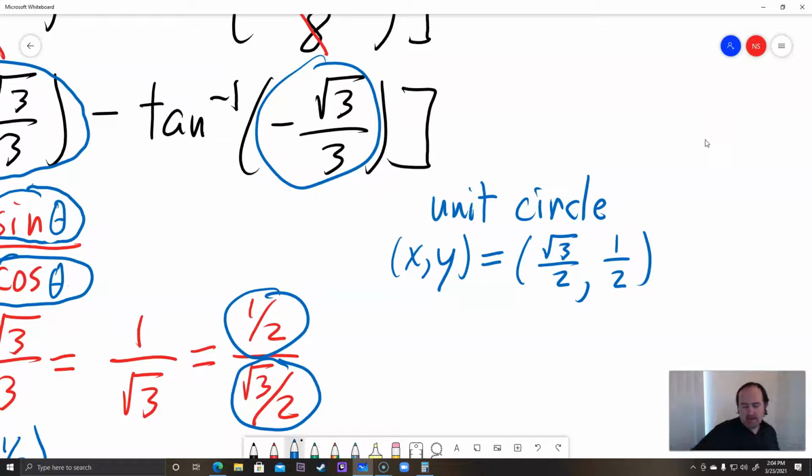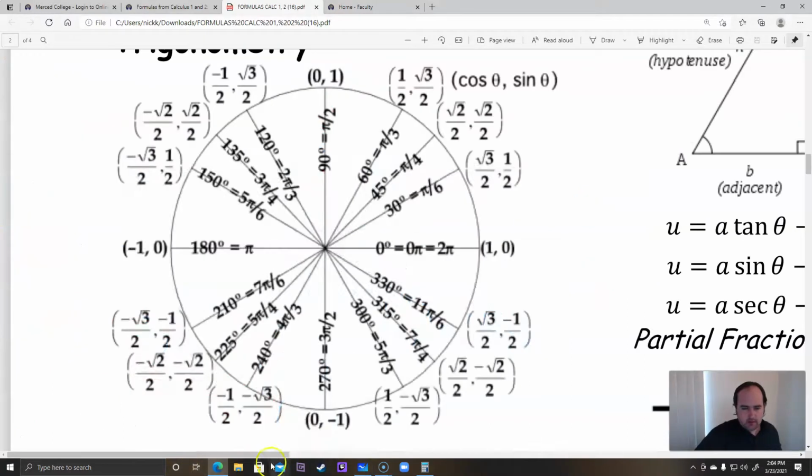But in order to be negative, one of those has to be negative. And I believe that the y has to be negative. So I believe it's going to be negative 1/2, and that has to do with the domain of tan inverse. So what we got here is root 3 over 2 comma negative 1/2, and that's at 11 pi over 6, which is the same as negative pi over 6.